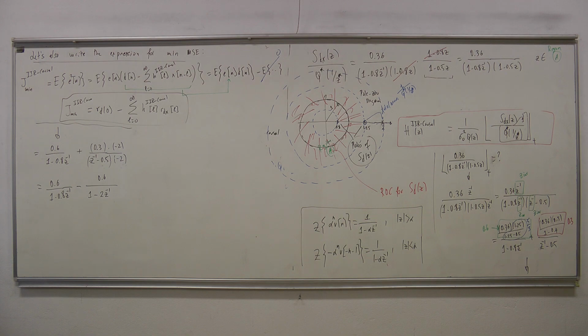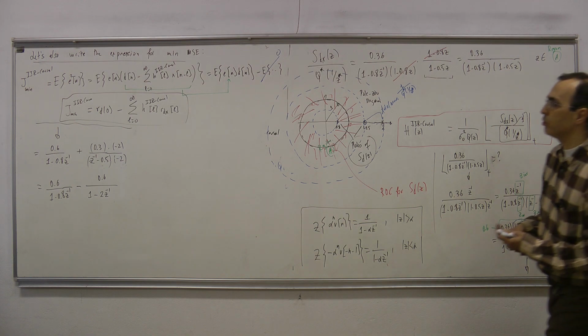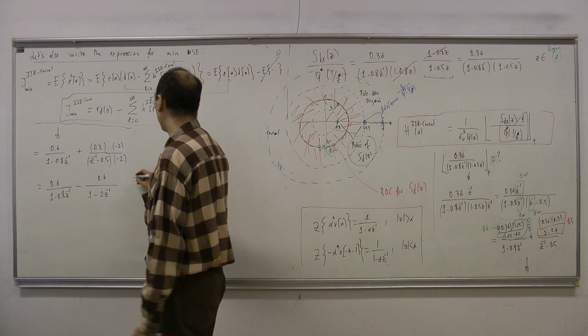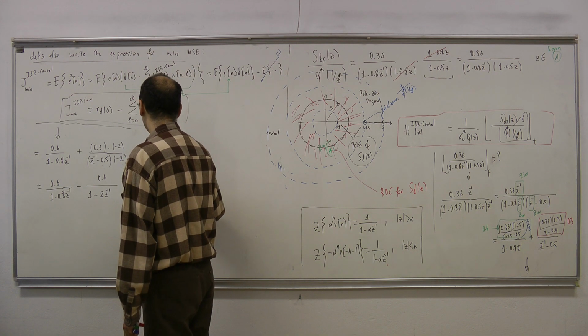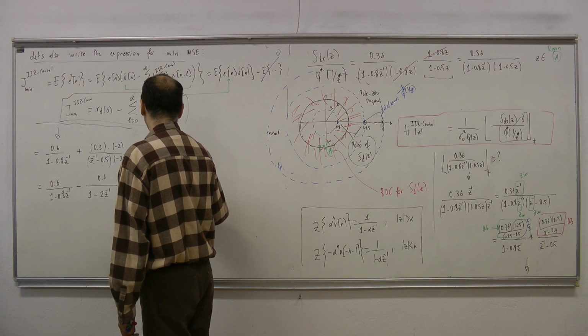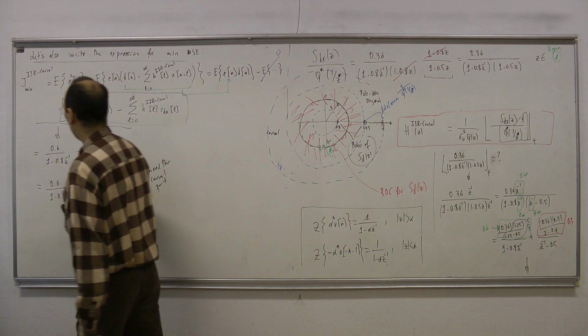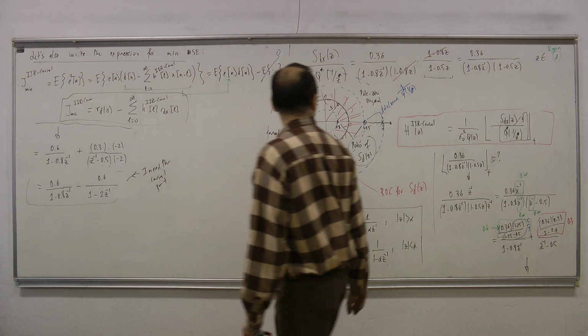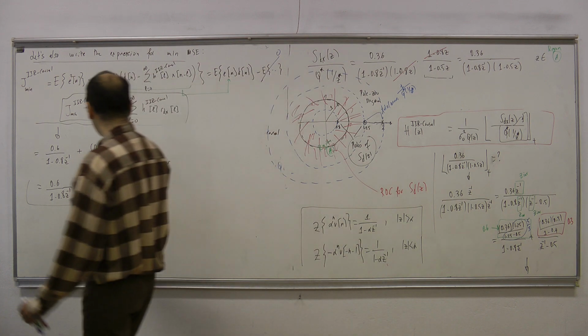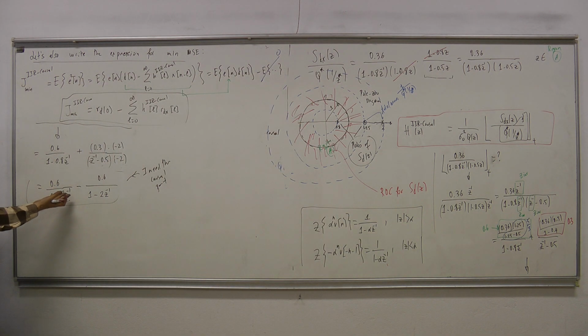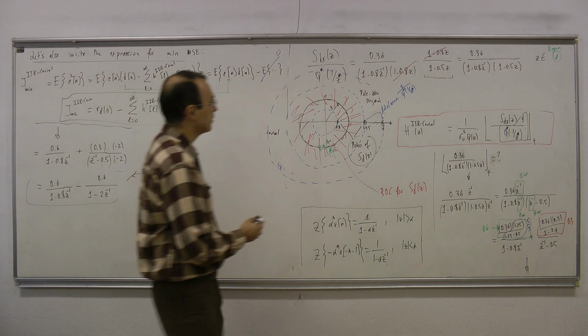So what was my task actually? I was going to calculate the causal part of this. So I need the causal part of this expression. Of course we should remember, to understand that causal part, we should look at the region of convergence.